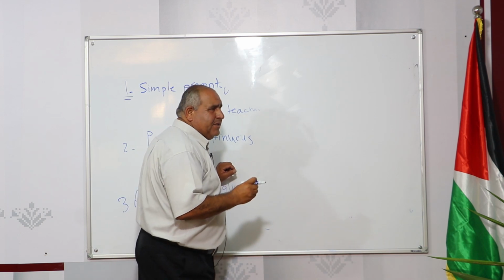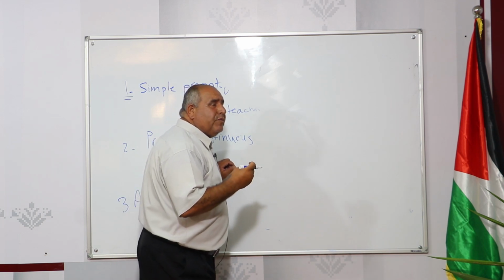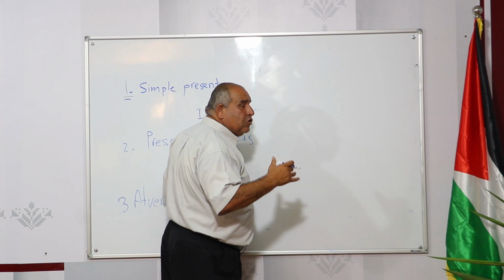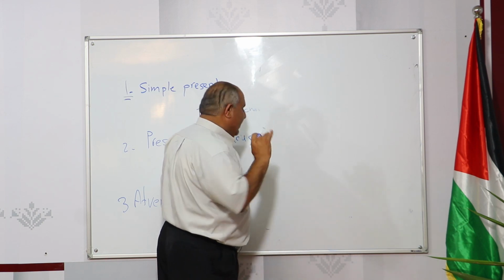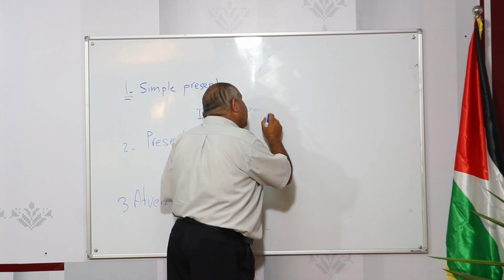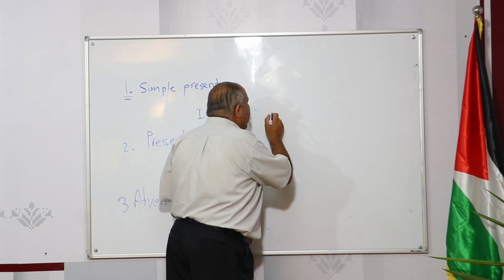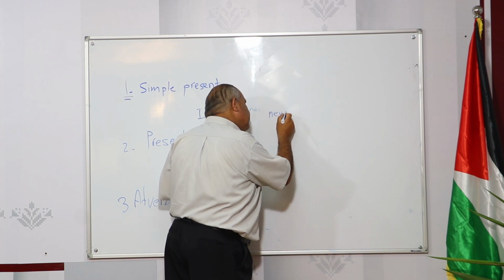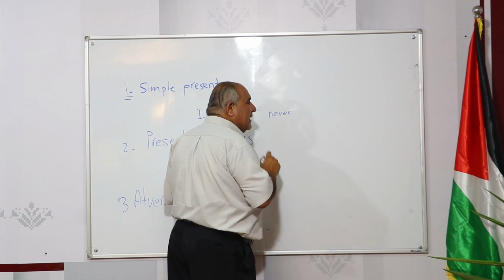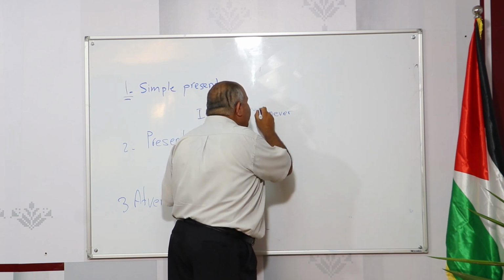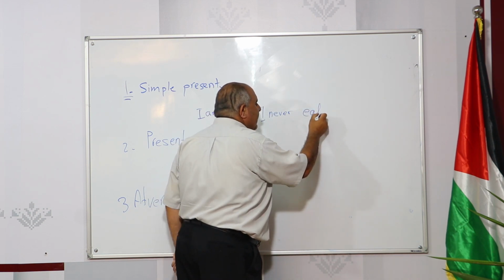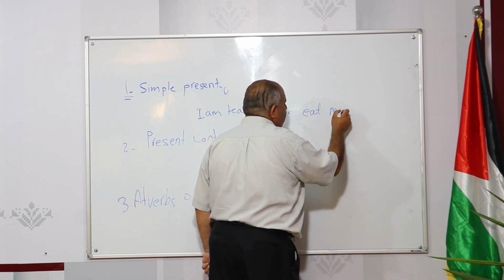What are the adverbs which are used to mean frequency? To show repetition again and again. You can use, for the negative, never. In sentences such as, I never eat molokhia.